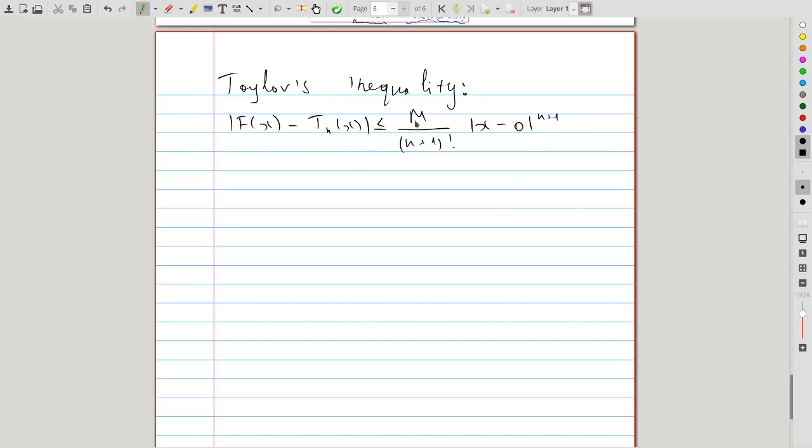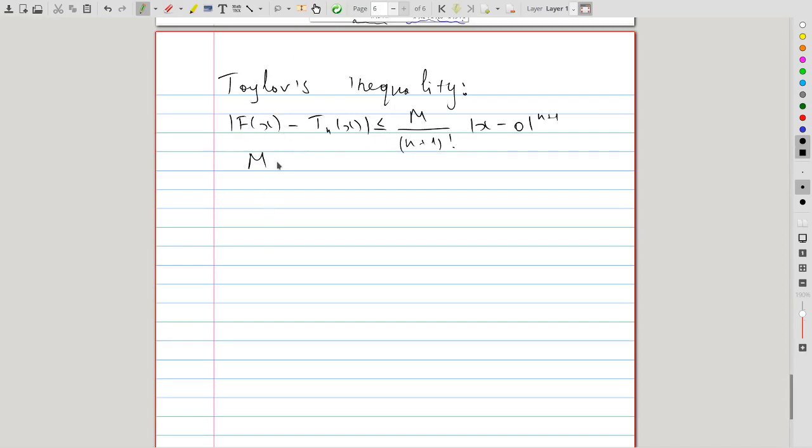So you see that as the degree of the polynomial n increases, the right hand side gets smaller and smaller, assuming that the derivatives of f do not grow very fast.